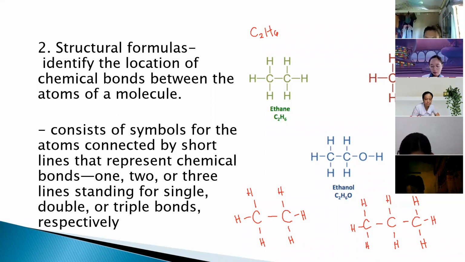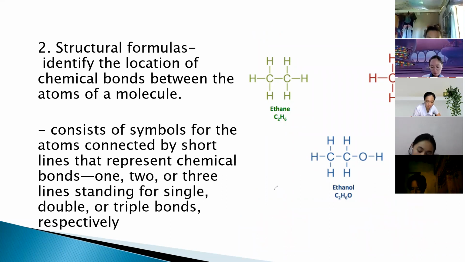So that's right, the molecular formula and the structural formula match. Do not forget that the structural formula shows the location of the bonds between the atoms in our compound.